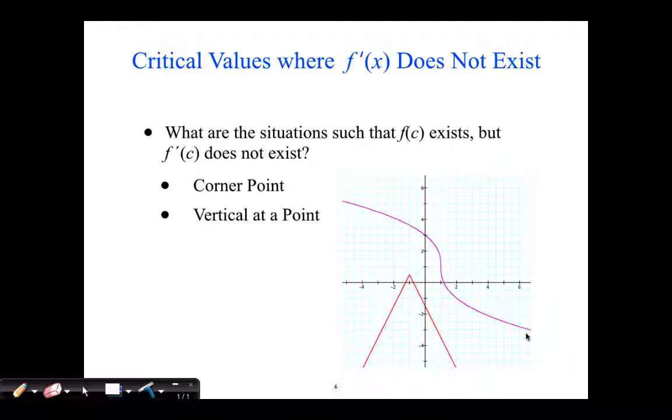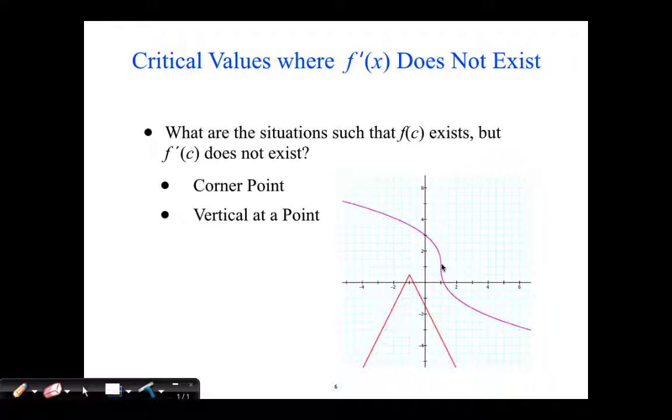But a corner point or a vertical point are places where the derivative could be undefined, and in the case of this corner point on this absolute value looking graph, that would be our maximum point in this graph, and so that would be of interest. In this cube root related graph, maybe that's of interest if I'm looking for where the rate is at a minimum in this case, or a maximum in the case that I had, at that center point of the graph.